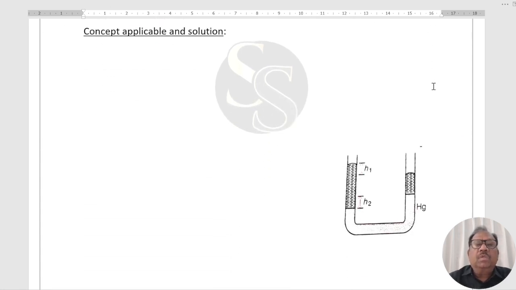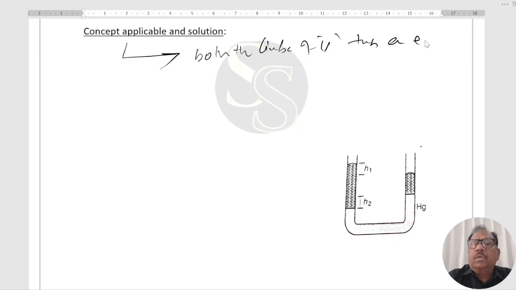Now, concept applicable in the solution. Both the limbs of the U-tube are exposed to atmosphere. We can not consider atmospheric pressure that much because it will cancel out on both sides.